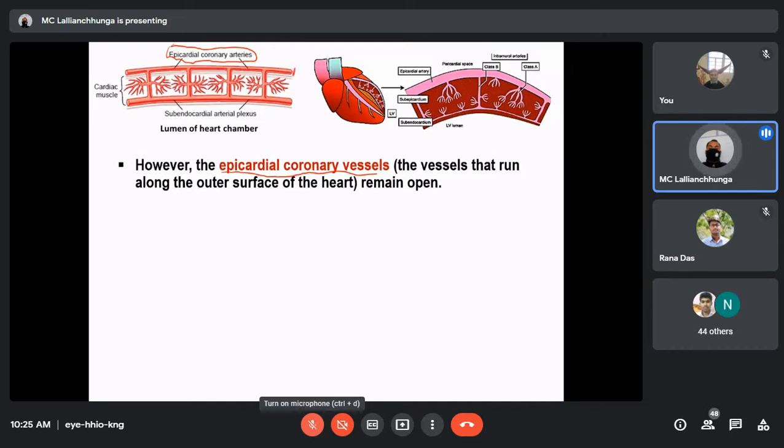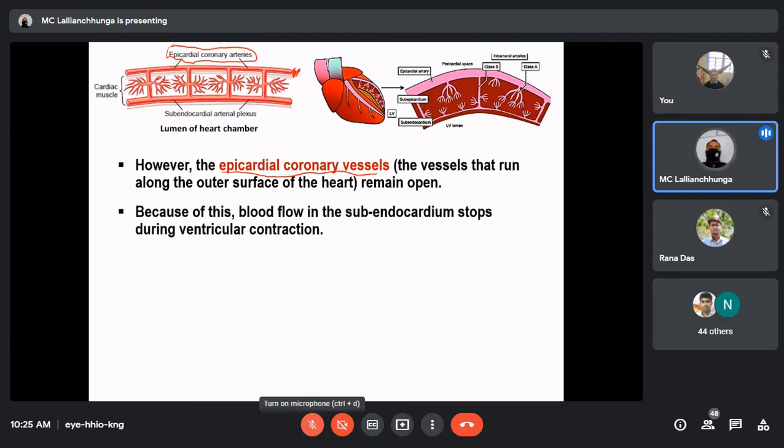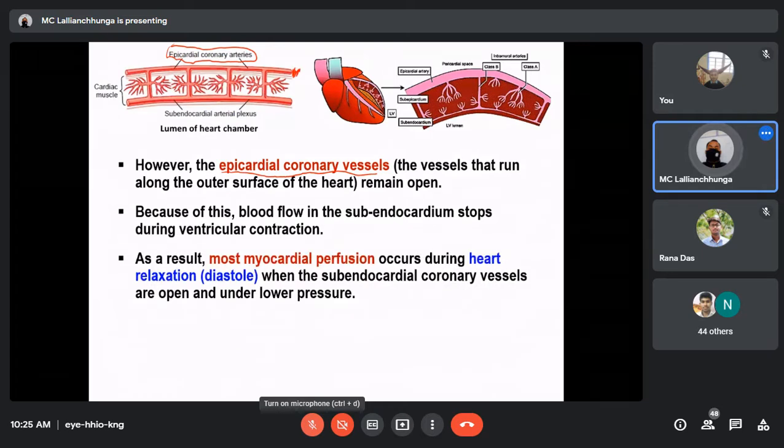The blood vessels in this region are not compressed but remain open. Because of this, blood flow in the subendocardial region stops during ventricular contraction. As a result, most myocardial perfusion occurs during heart relaxation.